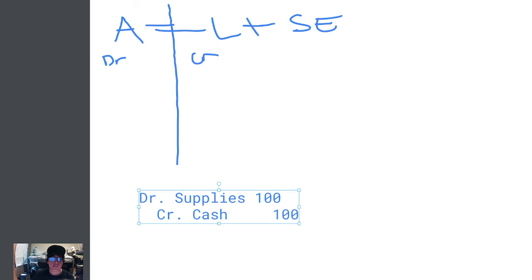So we increase our things that we own. It's on the side that it wants to be. Great. Cash, we credit it. In this case, we need to use the cash to buy supplies, and it doesn't increase, it decreases, so it's on the side that it doesn't belong on, technically, in a sense.